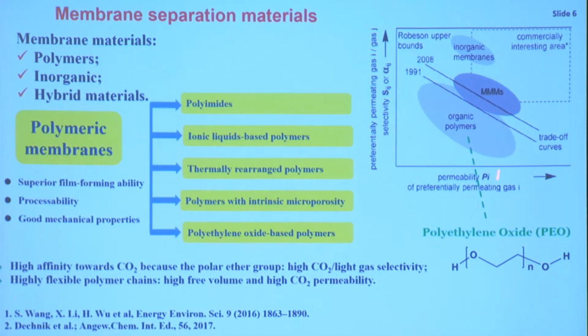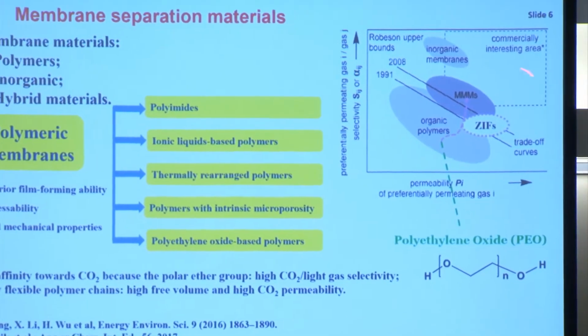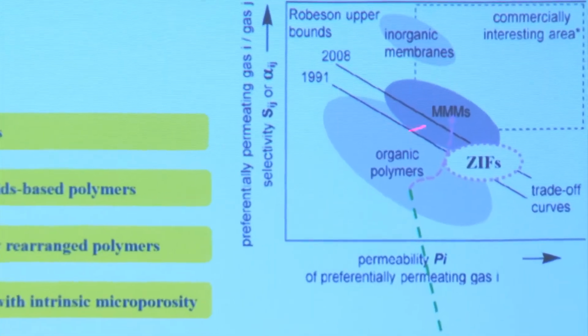It is an organic polymer. For commercial use, at present, the interest mainly focuses on the inorganic membranes. But we can use the PEO to prepare mixed matrix membranes, loaded with nanoparticles, to prepare novel membrane materials.